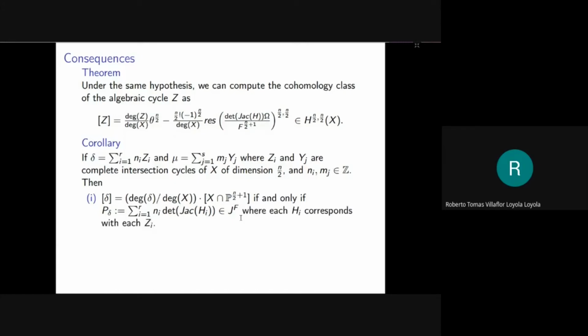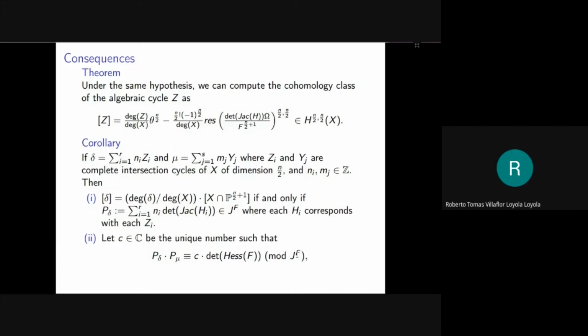Moreover, another computational consequence is the following. Consider c to be the unique number such that it satisfies the following algebraic equation: the product of these two polynomials p delta times p mu, which were defined before, is congruent to c times the determinant of the Hessian matrix of f modulo the Jacobian ideal of f.